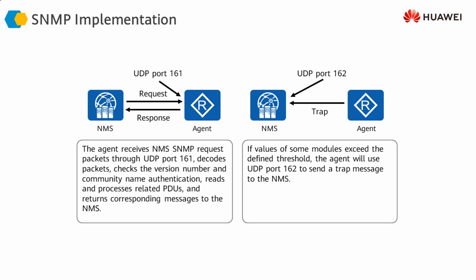Similarly, when the agent initiates a message, which we call the trap, the server port or the NMS port which it is accessing is port 162. So both ports 161 and 162 are well-known SNMP ports. 161 is the agent port and 162 is the NMS port.